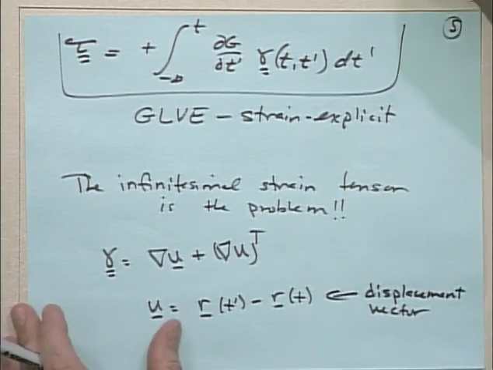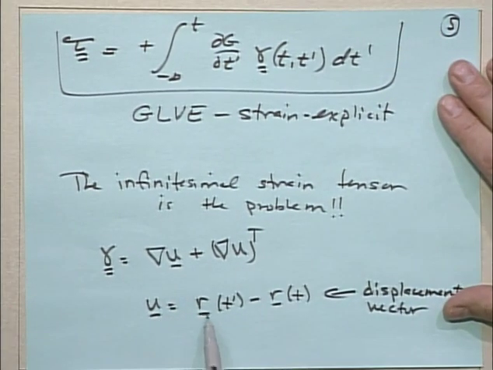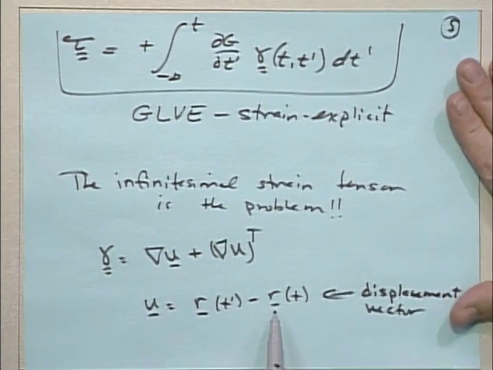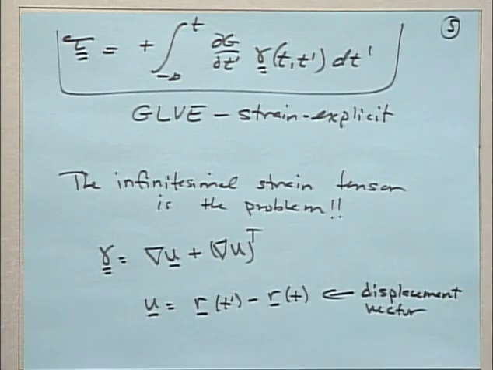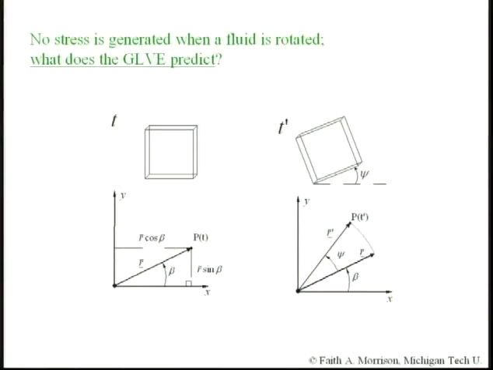And this u vector, this displacement vector, is just taking into account the change of position of particles in a material that's deforming. So for instance, if I consider a very simple motion, it's not really a deformation, but a very simple motion of taking a cube of fluid, or a solid if you like, and rotating it through an angle phi, then I can identify any point in that fluid, point P, and its location will be a function of time.